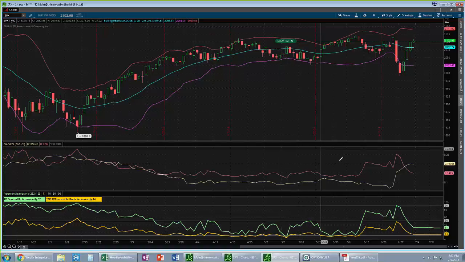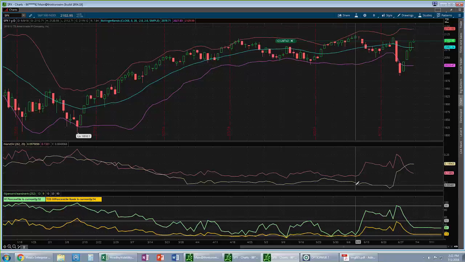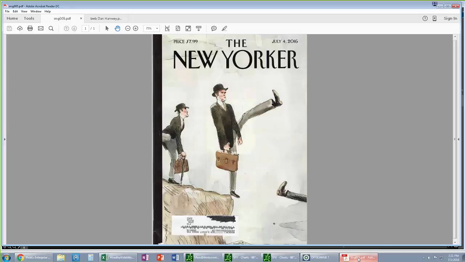And so the cover of the New Yorker this week looked like this, and the title is Silly Walk. The title is The Silly Walk Over the Cliff.